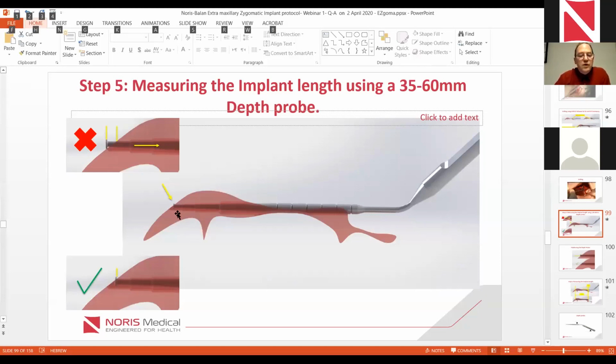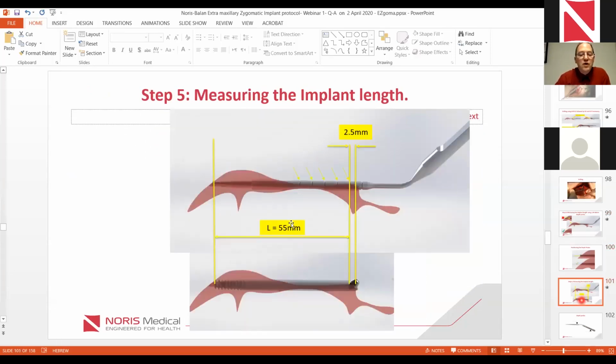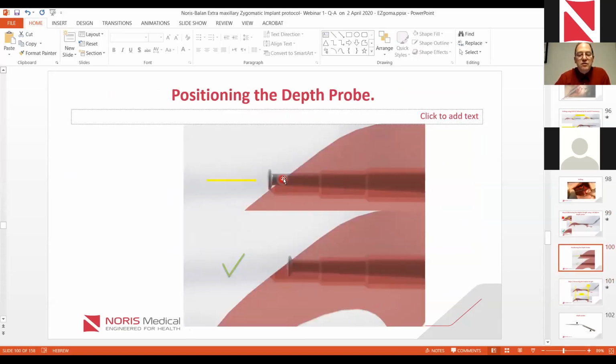Basically, when we measure, we want to measure to the point where we perforated the bone. Okay, that's where we want to be. This is the way to measure and to know what would be the correct implant, because we take the depth probe and put it in this position.